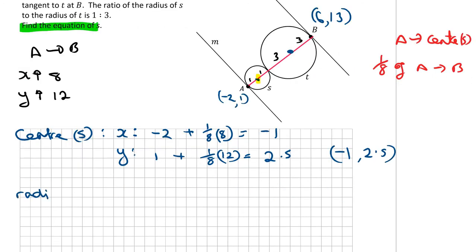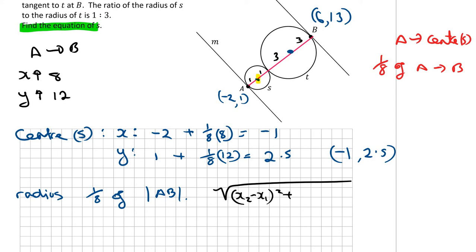And the radius is 1/8 of the distance between A and B. The distance formula from the tables is going to be the square root of (x2 minus x1) squared plus (y2 minus y1) squared. So plugging in those numbers, we're going to have 1/8 of the square root of the difference between the x's, 6 minus -2, which is +8, squared, plus 13 minus 1 squared.